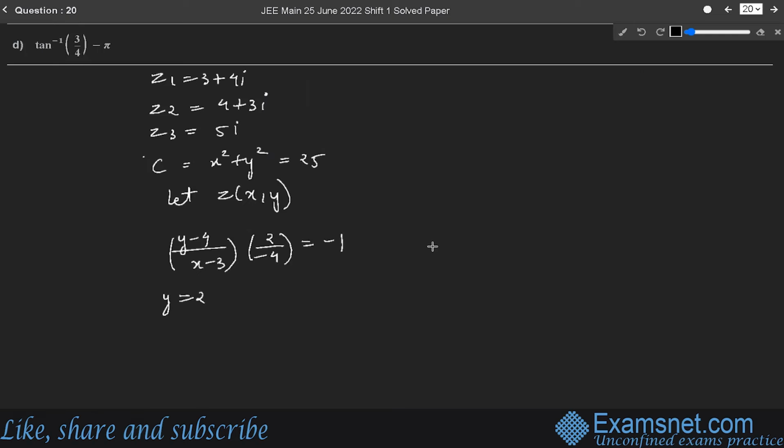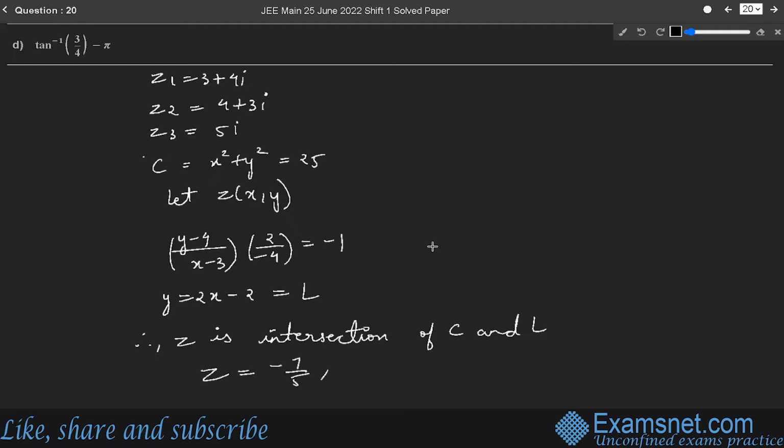So y will be equal to 2x minus 2, which is also equal to L. Therefore, we can say that Z is the intersection of C and L. So Z will be equal to minus 7 by 5 and minus 24 by 5.